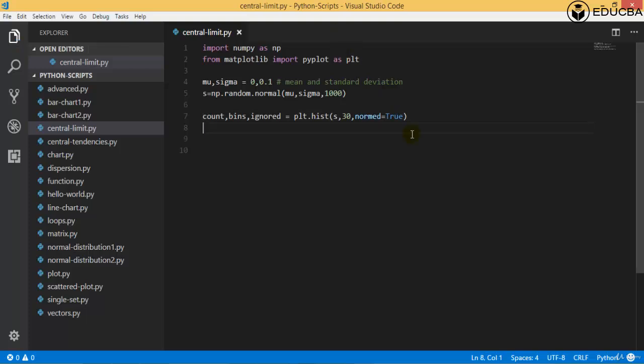So now let's plot the values with the formula. Let's start with the formula plotting as plt.plot.